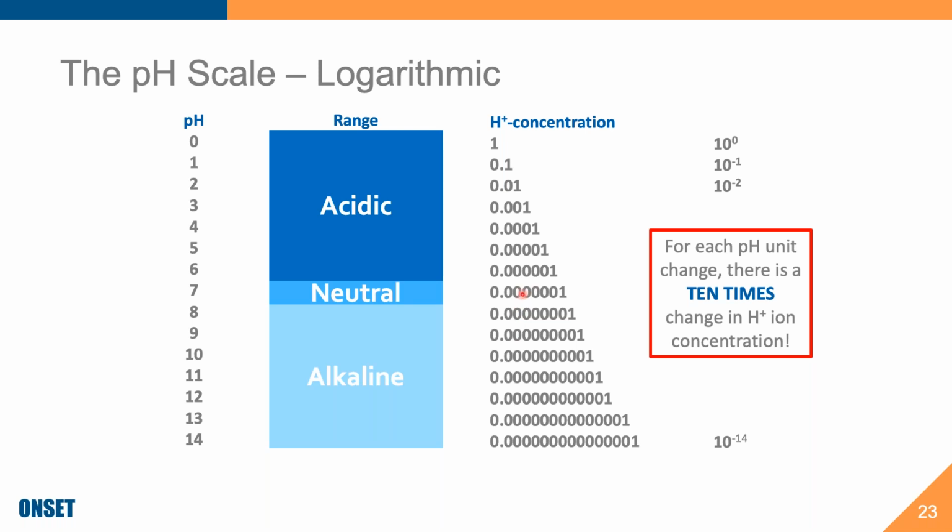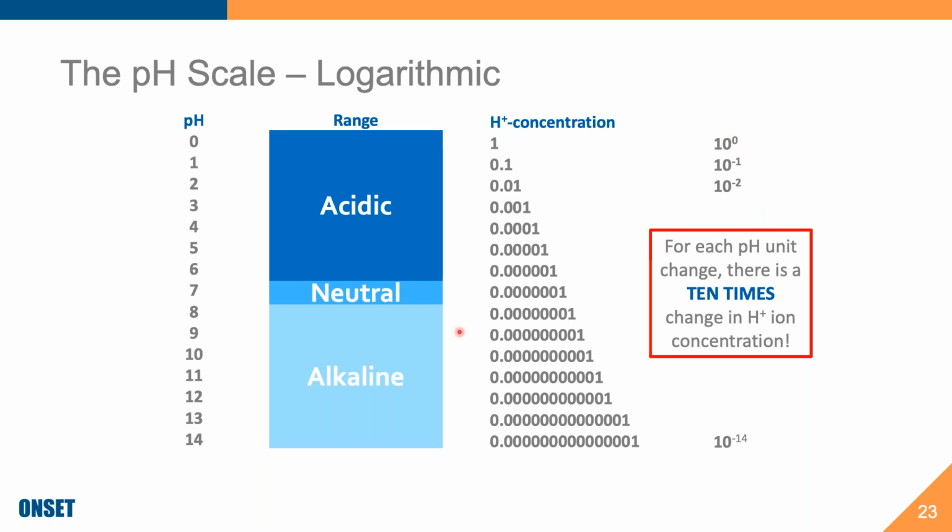And then as we get more acidic, we are obviously adding more hydrogen on by decade. So jumping from pH 7 to pH 6 takes us a decade higher in the concentration. So it's a little bit confusing to some people that a low pH means acidic, because most people think acidic should have a higher pH value, but it's actually the inverse of that.